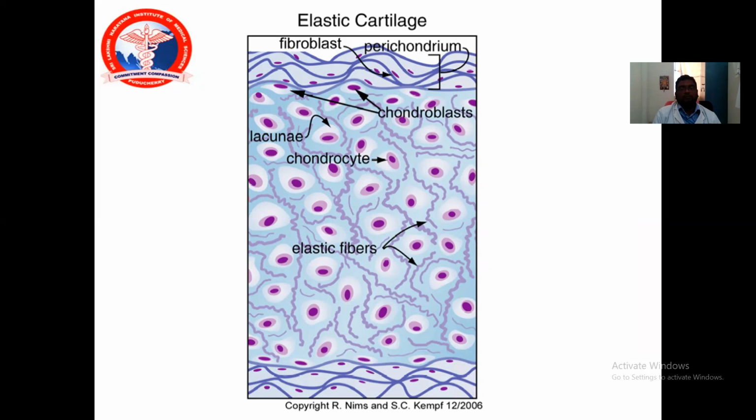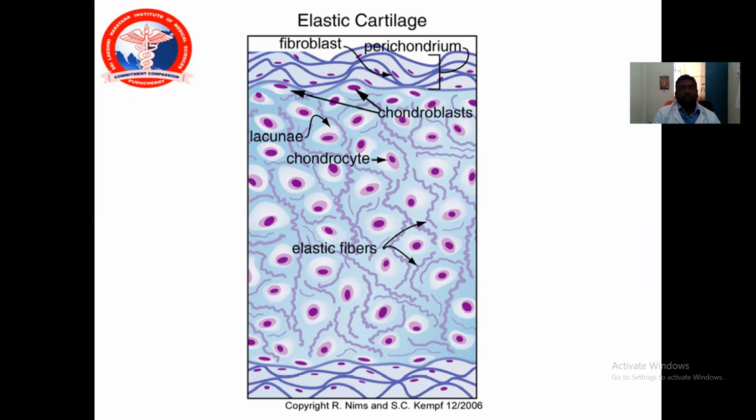Next important thing is the identification features of an elastic cartilage. You write the same things as for your hyaline cartilage. Here also you have the perichondrium, which has the chondroblasts. You have your matrix, the extracellular matrix. You have the chondrocytes, but you should not write cell nesting here. The chondrocytes are present individually, you have to write like that.